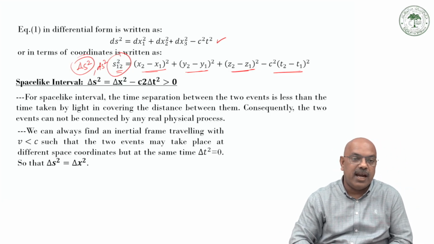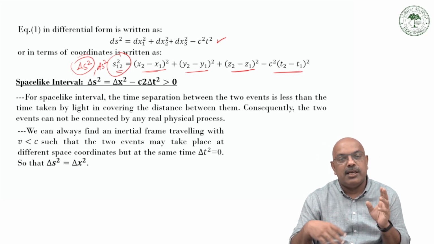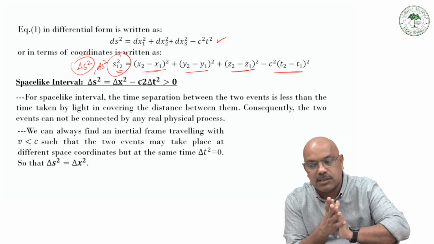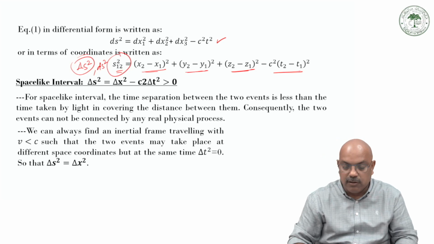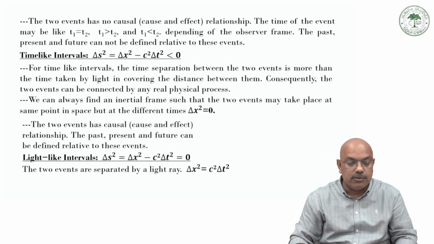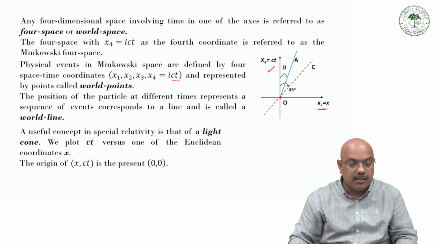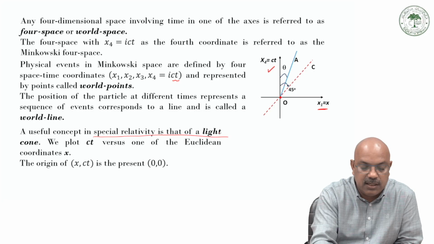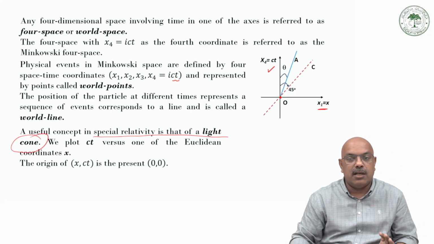So we define our light cone by whether the interval is a space-like interval, time-like interval, or light-like interval. These are the three important terms we normally define when we talk in terms of the light cone. As I told you, there is a useful concept in special relativity, the light cone, so now we are going to discuss what the light cone is.